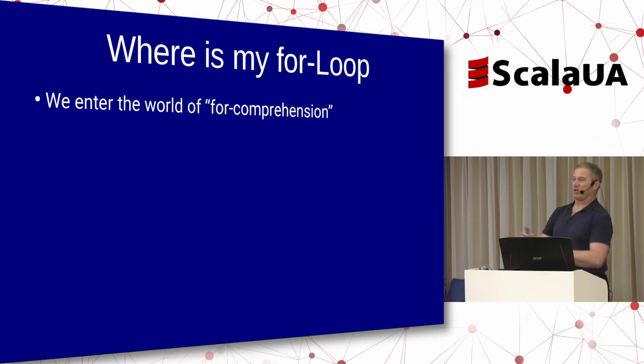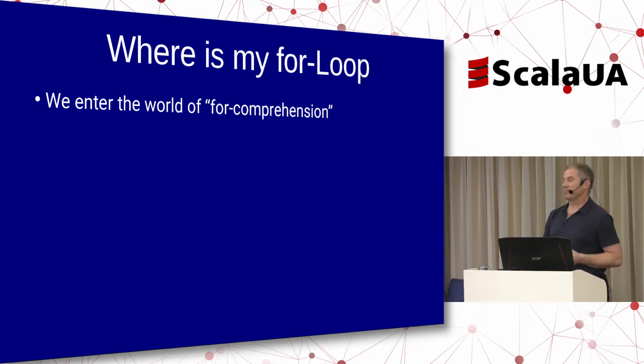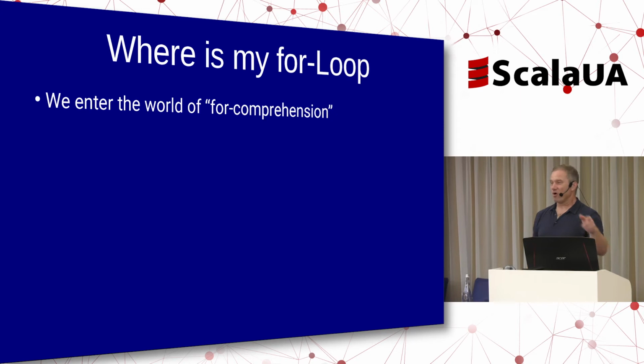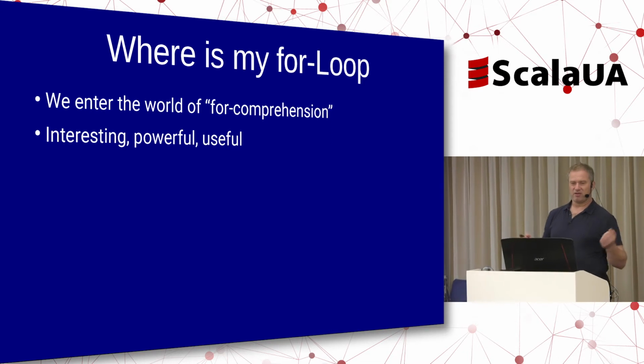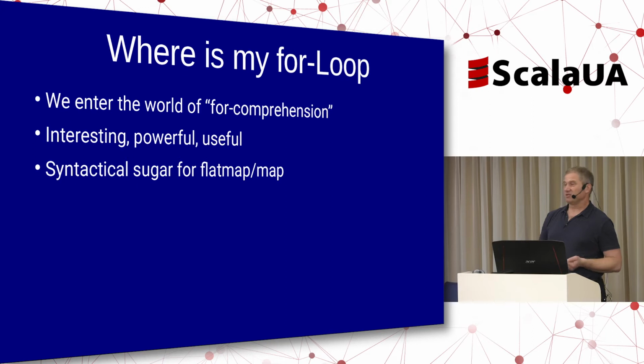And then we get other collections. A collection can also be this 0 to 1 type of collection, like Option. But that's how we work. And for is just a way to write these things in another way. So it's powerful, it's useful, but it's basically syntactic sugar for something else.